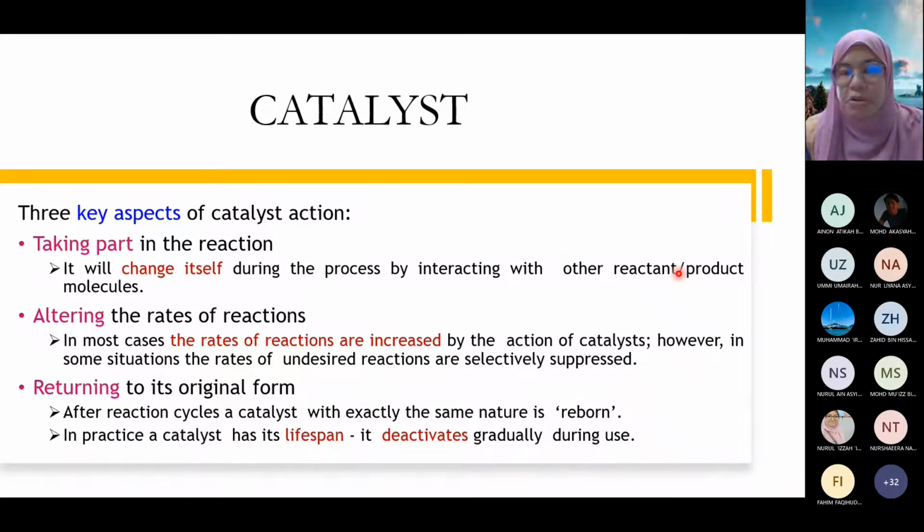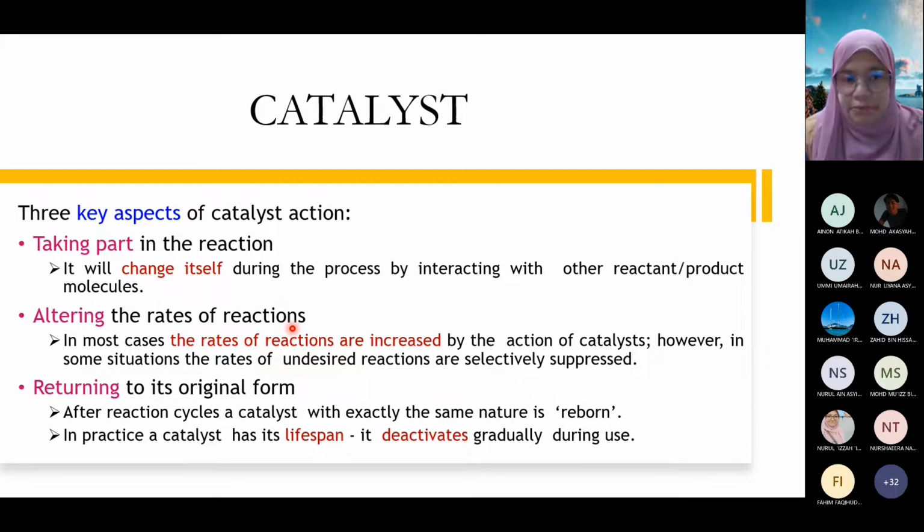As I mentioned in the previous slide, the reactant will adsorb on the active site of the catalyst, and then the product will form on the active site of the catalyst before it desorbs from the catalyst. Later we will see step by step how the reaction on the surface of the catalyst occurs.